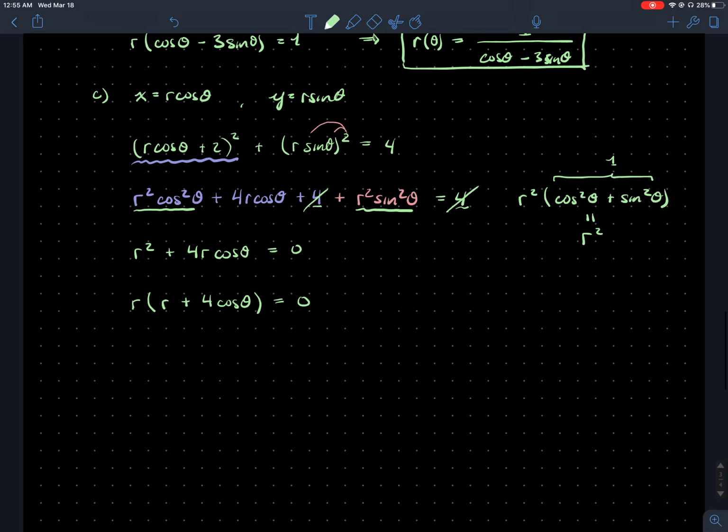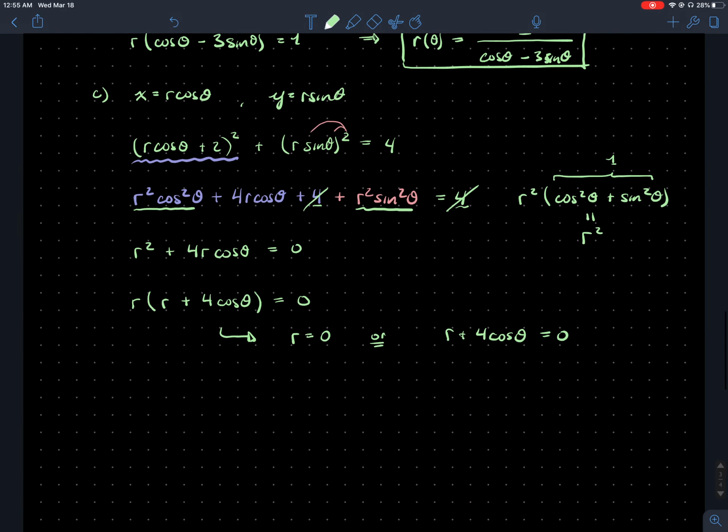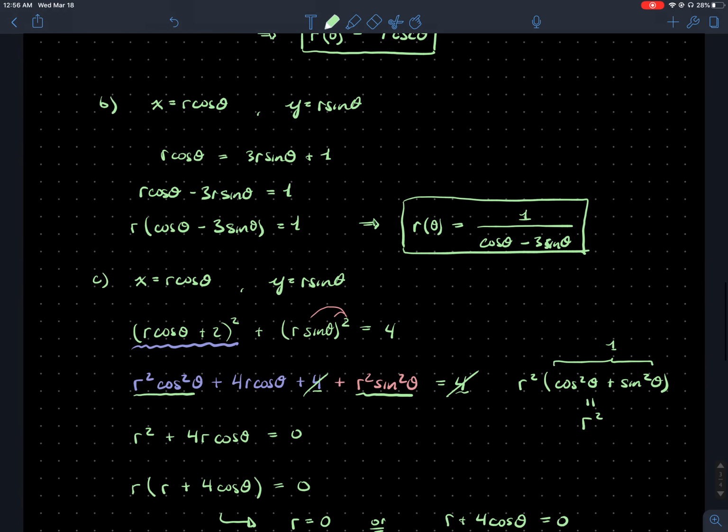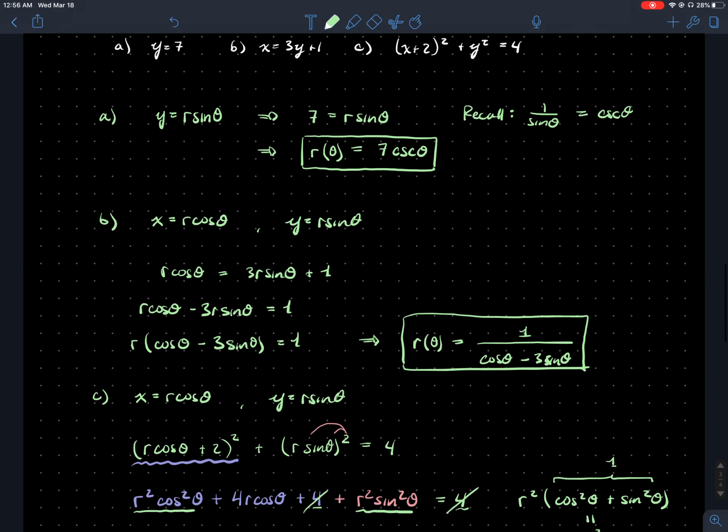Now what this means is that r has to be equal to 0, or r plus 4 cosine of theta has to be equal to 0. Now we give ourselves a reality check. Let's sneak peek at what the original equation was.